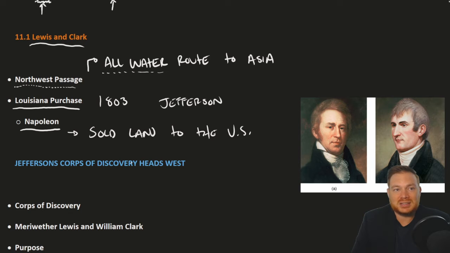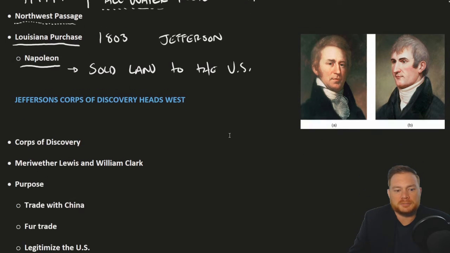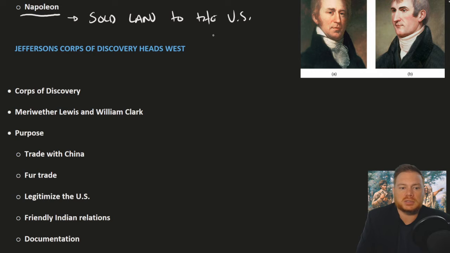We talked about the Louisiana Purchase in a previous chapter that doubled the United States, but the United States had essentially bought a whole bunch of land and really didn't know what was out there. And this is where Lewis and Clark come in, because Thomas Jefferson hired these two individuals to lead an exploration party of this newly purchased territory, with all sorts of different purposes. So a Corps of Discovery was established.